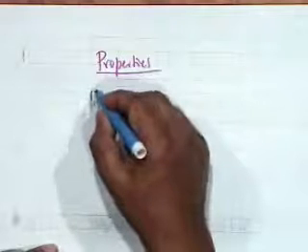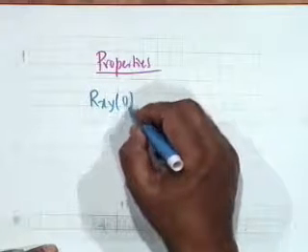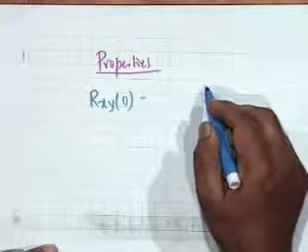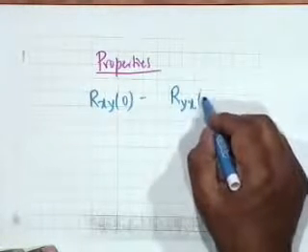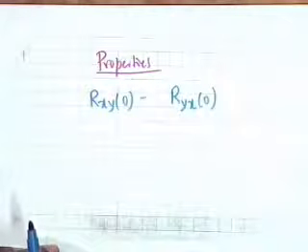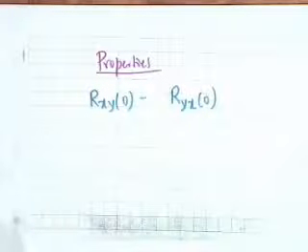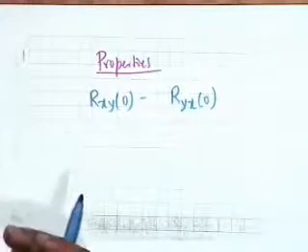For example, Rxy0, as Pankaj pointed out, what is the relation between Rxy0 and Ryx0? Are they equal or not equal? They are equal, because it is the expected value of the product x(t) and y(t).